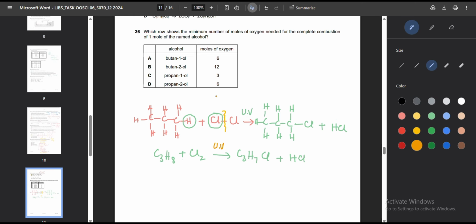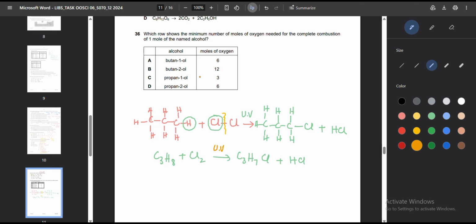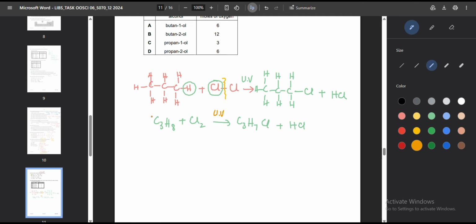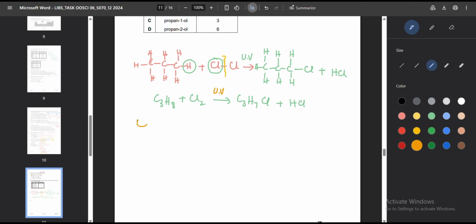But there is an easier way by which you can calculate how much oxygen would be needed by each alcohol. I'm just telling you a shortcut.